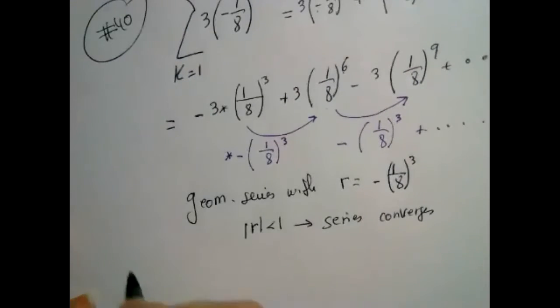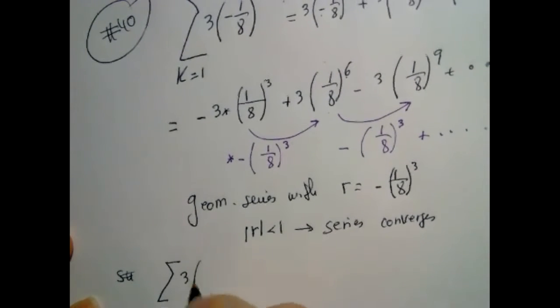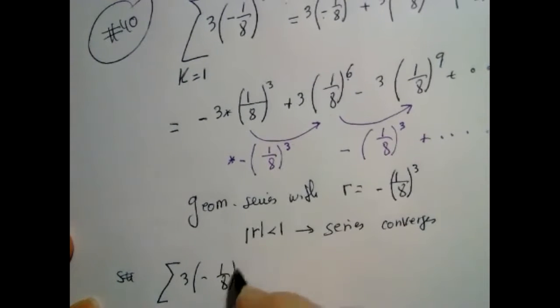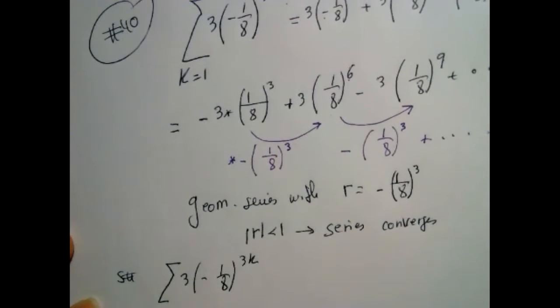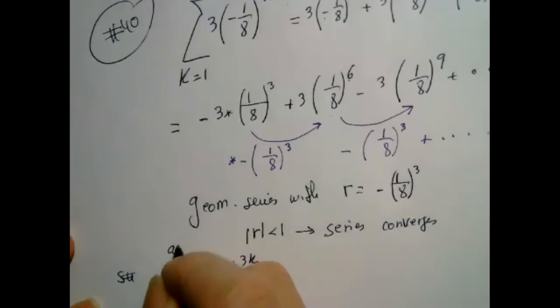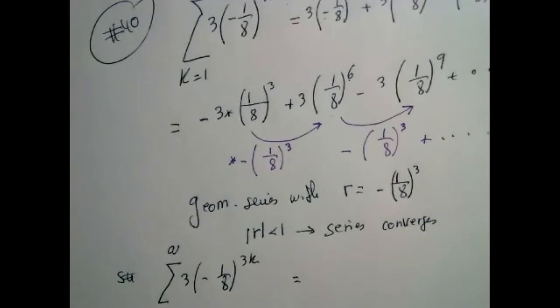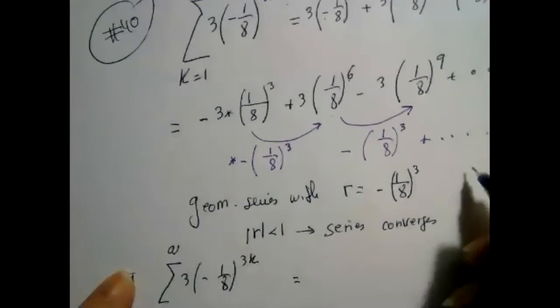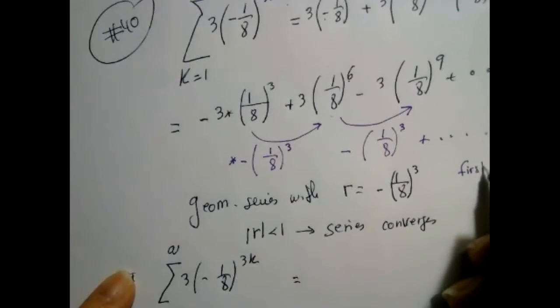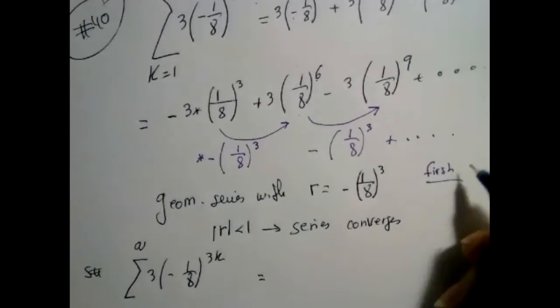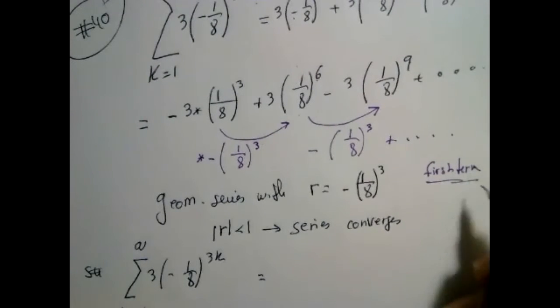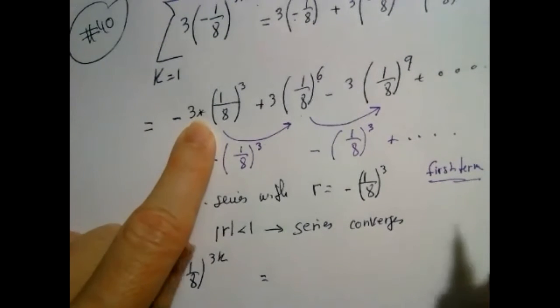So what's the sum? Now we apply the formula. If I add those terms, it's equal to the first term. So what's the first term? I know what the ratio is, I need the first term. The first term is exactly the first term, that's what it is.